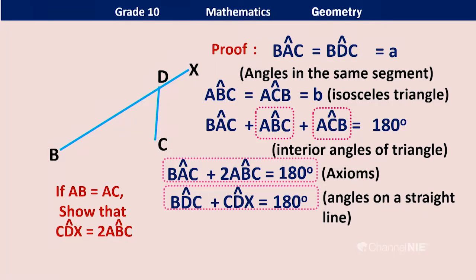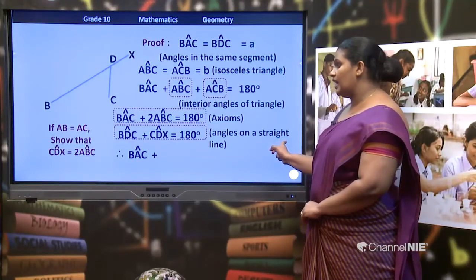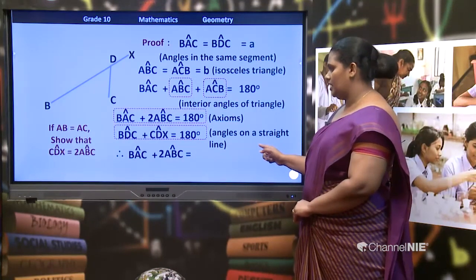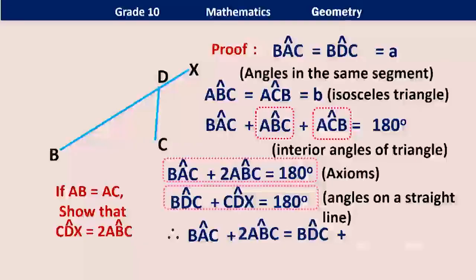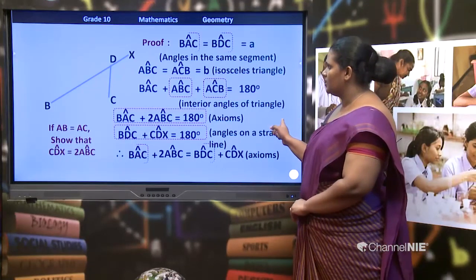Therefore, I can get it like this. Angle BAC plus twice of angle ABC is equal to angle BDC plus angle CDX. I got it using the knowledge of axioms.